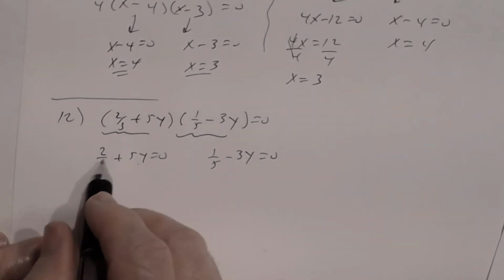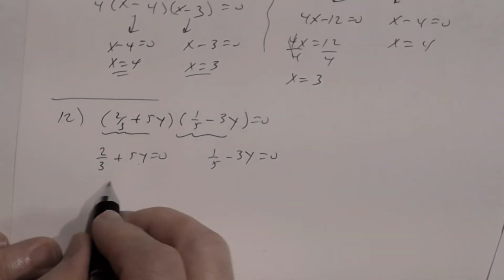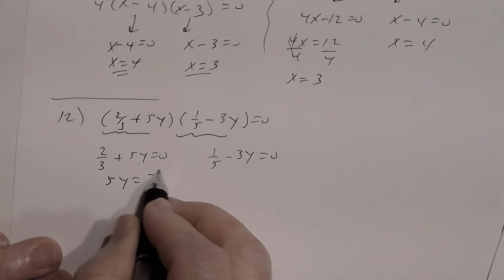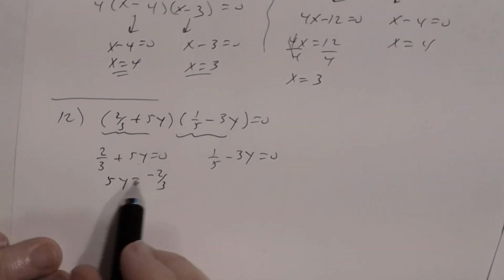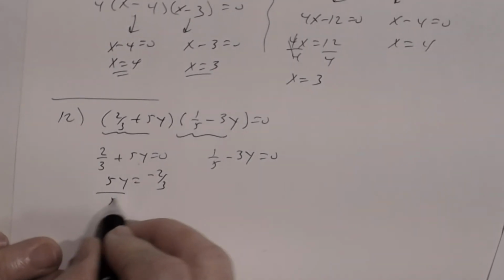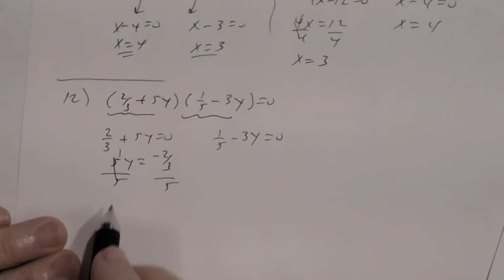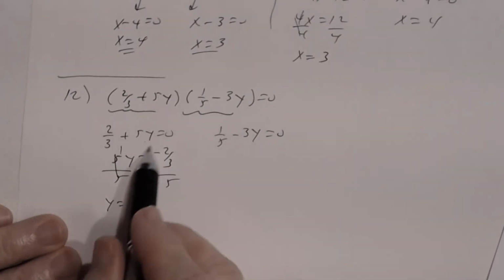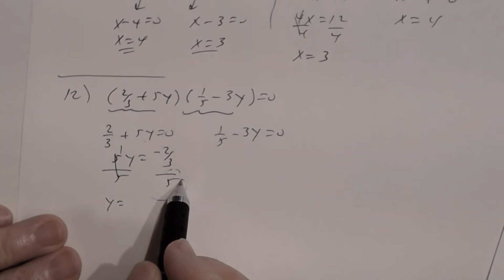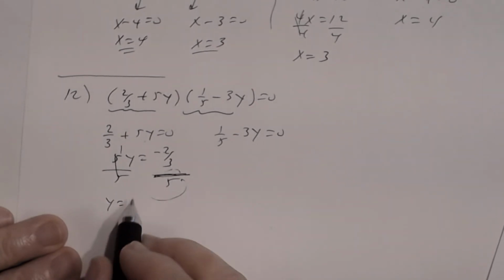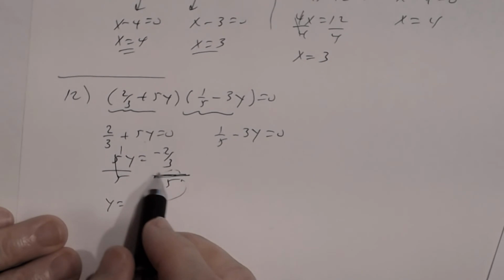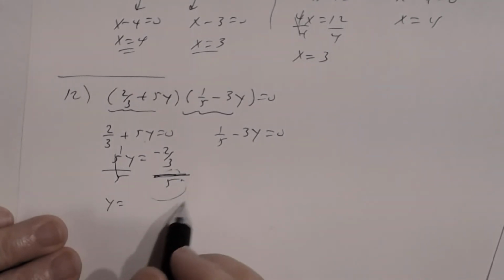Do y'all agree that if 2/3 plus 5y equals 0, then that's the same thing as saying 5y equals negative 2/3? Okay. Now, you got to remember some things that you've learned in previous courses. To get y by itself, I'm going to have to divide both sides by 5. And so I get y equal, now remember when you have a fraction divided by a fraction, negative 2/3 divided by 5, you're going to change this division to multiplication. To change division to multiplication, remember the phrase multiply by the reciprocal.